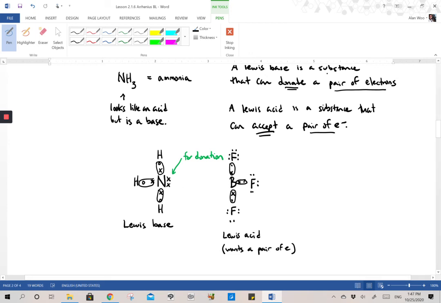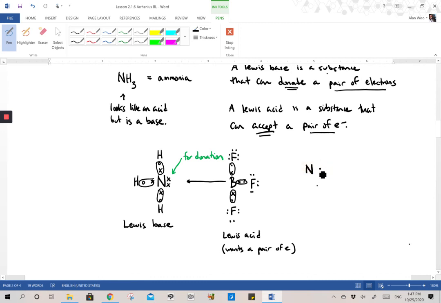So literally speaking, when you have these 2 molecules together, boron will come in and they will want to bond with that nitrogen.